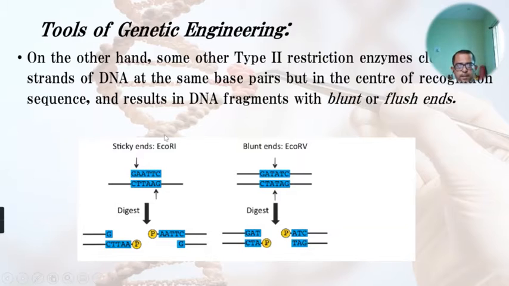This is the EcoR1 enzyme, which has a recognition sequence, and it produces the cohesive end products. Now, these cohesive end products generated because of EcoR1 have the capacity to rejoin once again to form the same molecule.